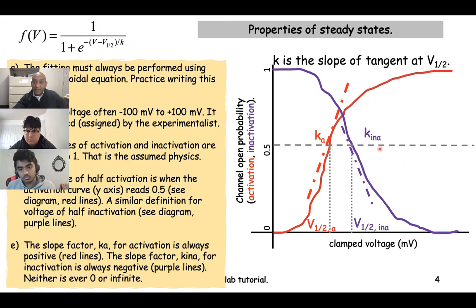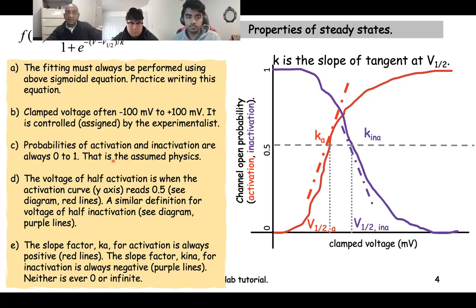But when your Ka is negative, your answer will turn out that the K has a negative value upon fitting. Okay, and that's what entry number E is trying to tell you here. So these are the properties. So please do process all of these properties. I know that this is not something that you fellas may be wanting to do for a living, but this is how biophysics goes. So these are some of the relevant properties of steady states of activation and inactivation.